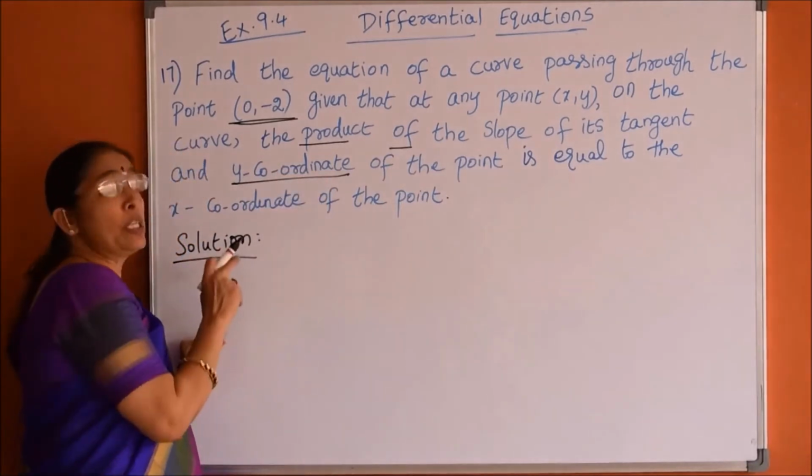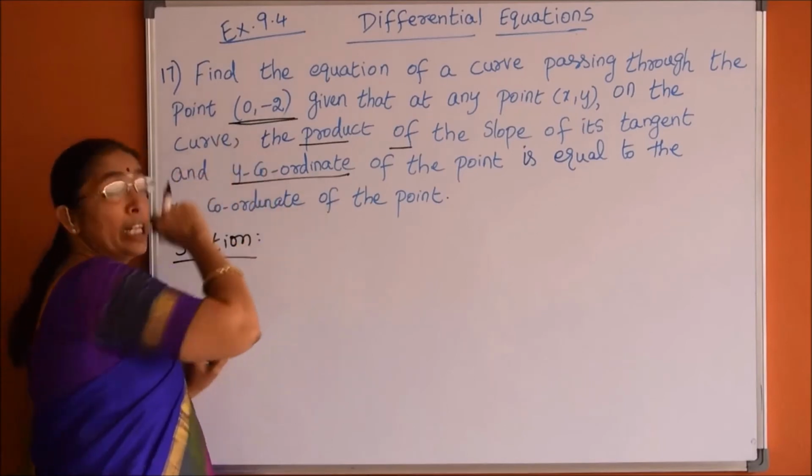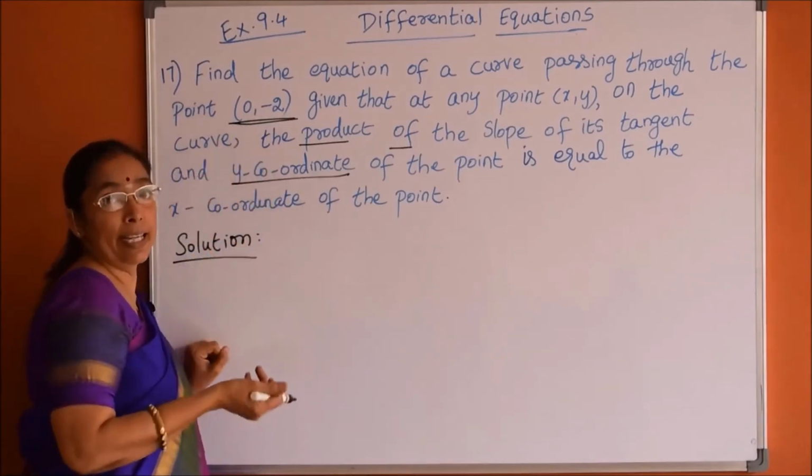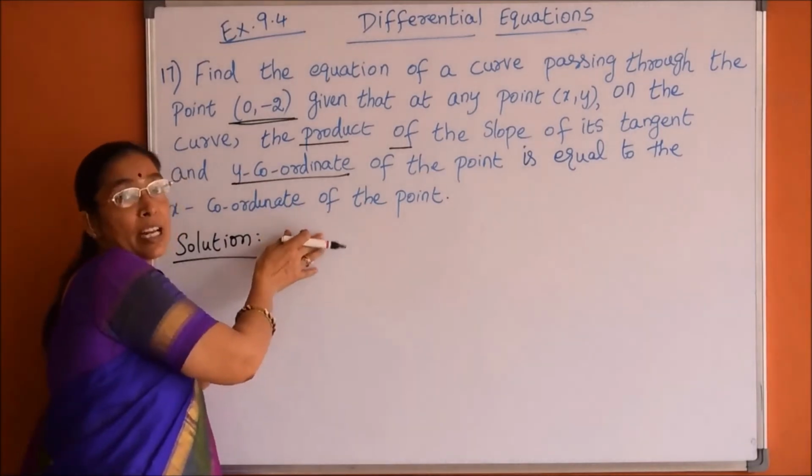So, in the previous problems the differential equation was given and the point was also given directly, and we solved the equation. Here we have to frame the differential equation first.